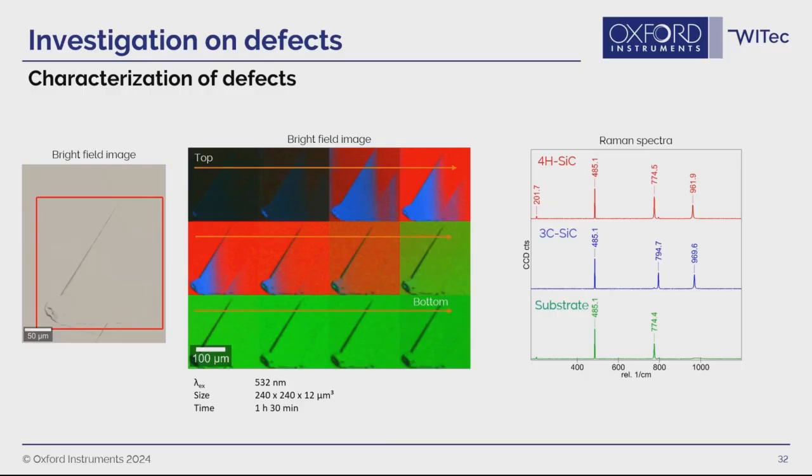Of course, the substrate is also 4H silicon carbide. What we can learn from these images is how the defect propagates through the material and where it originates. Let's have a look at this more in detail.